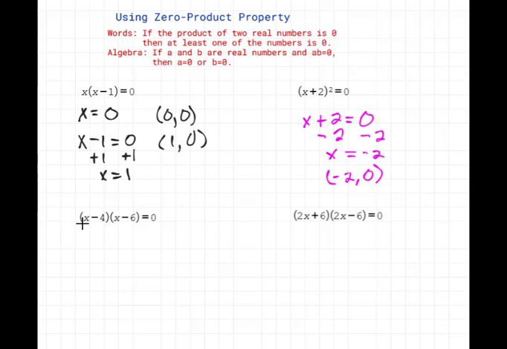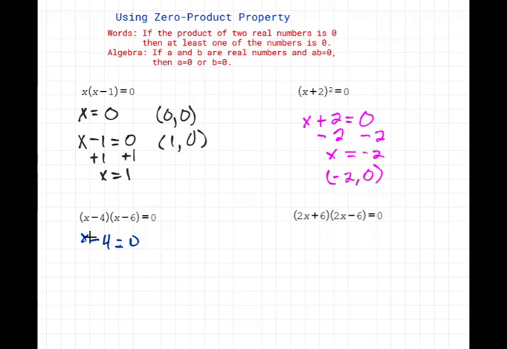In the next example, we have x minus 4 times x minus 6 is equal to 0. So I'm going to do x minus 4 is 0.